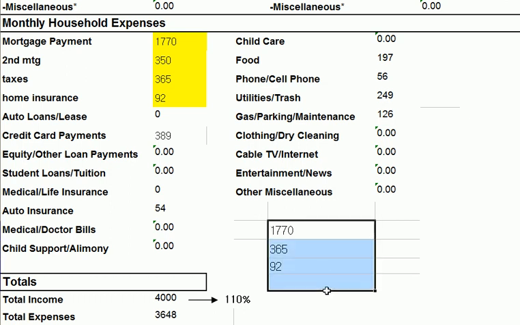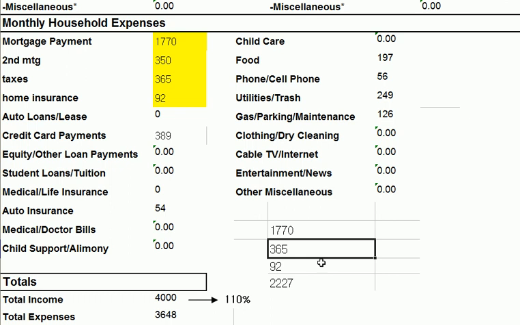What do I mean by this? Let's say this would be your principal and interest, this will be your taxes, this your insurance. So your payment all together will be 2227. However, hopefully if you get an approval for a 1200 payment per month, that will include $365 for taxes and $92 for the insurance.